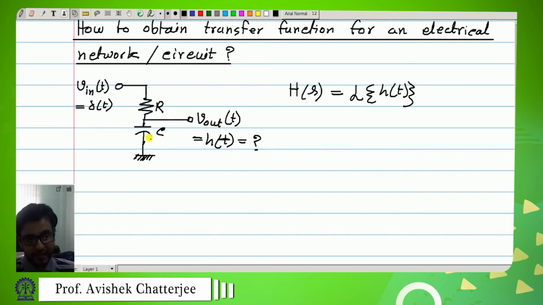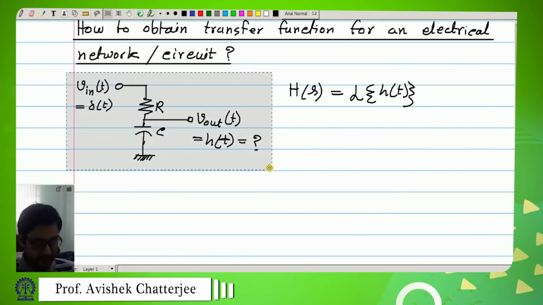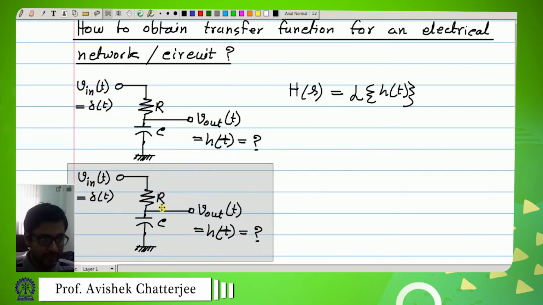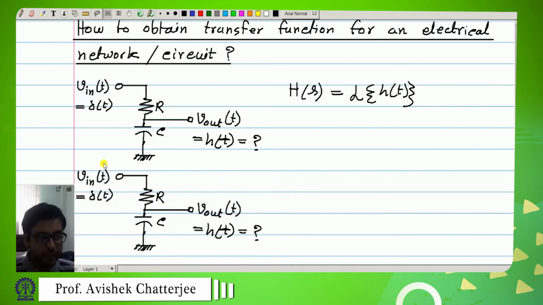How to solve this circuit? We can use the idea of solving a circuit in the S domain that we have learned. So we will first redraw this circuit where we will represent all the quantities with their Laplace transform.